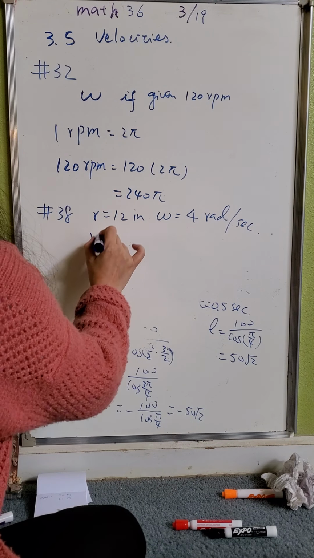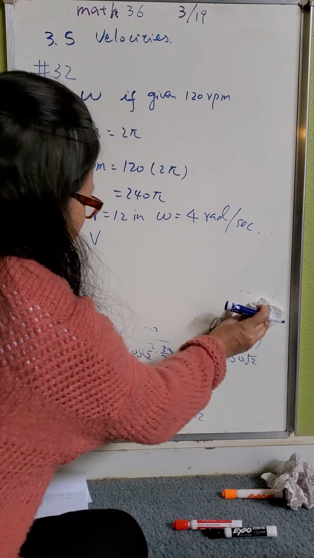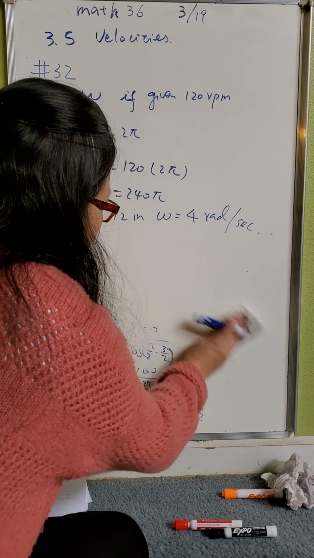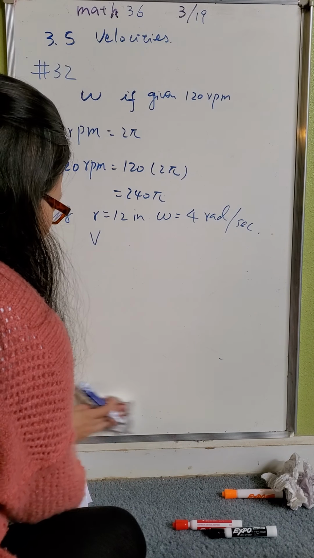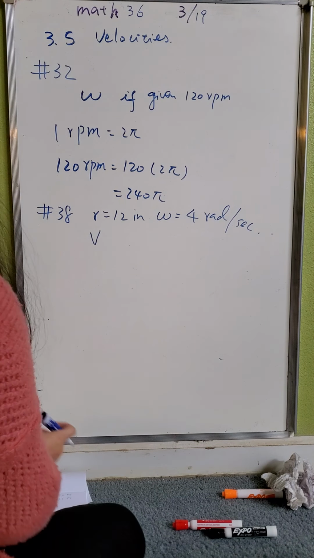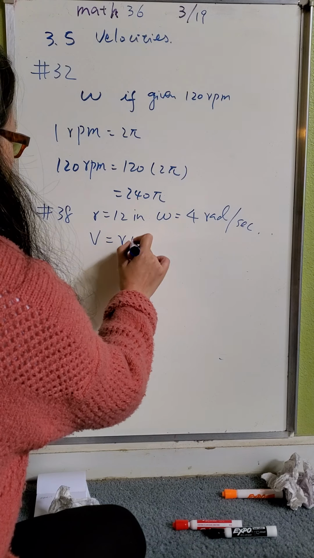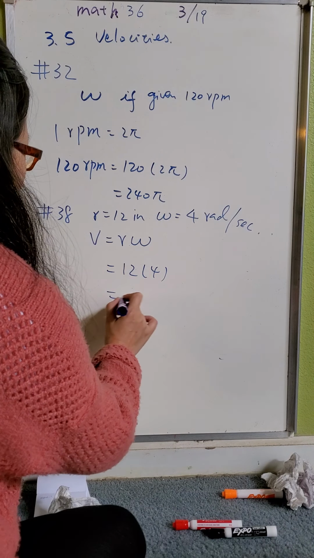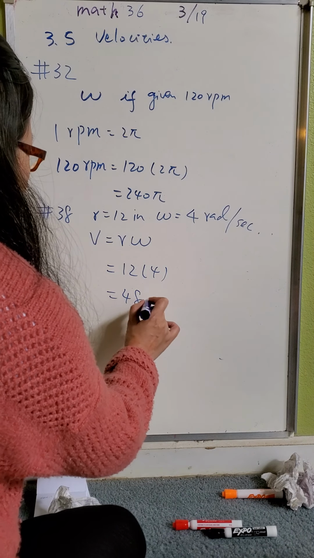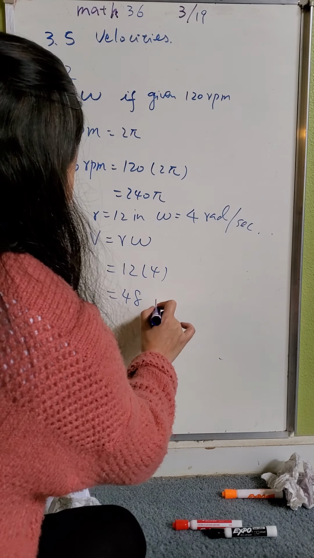What is your V? Well, remember the third formula I gave out earlier? Your V is equal to R times omega. So that'd be 12 times 4, so equal to 48 inch per second.